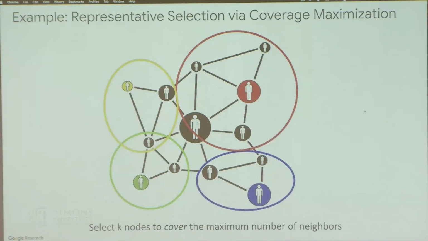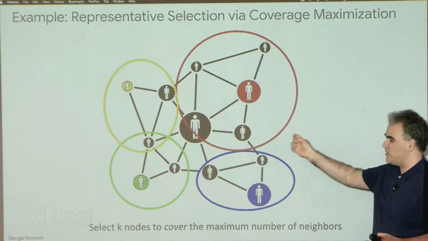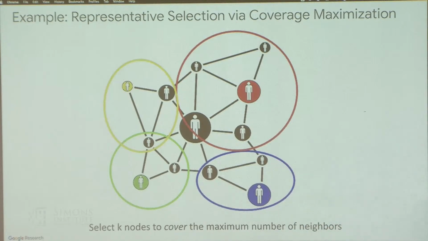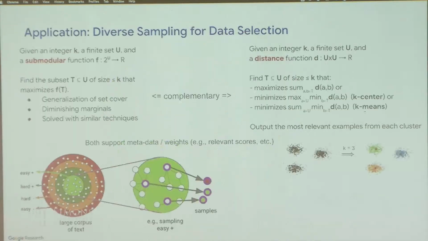If you haven't seen submodular functions, you have seen for sure the coverage problem, which is basically if you have a graph, you want to select a subset of nodes, then when you look at the neighborhood of those nodes, you cover a large portion of the graph. We can also have a set family system, and you want to choose a subset of k subsets that maximizes the cardinality of the union.